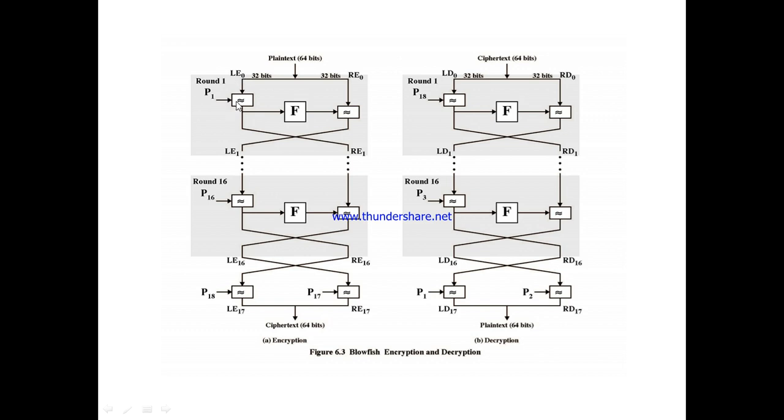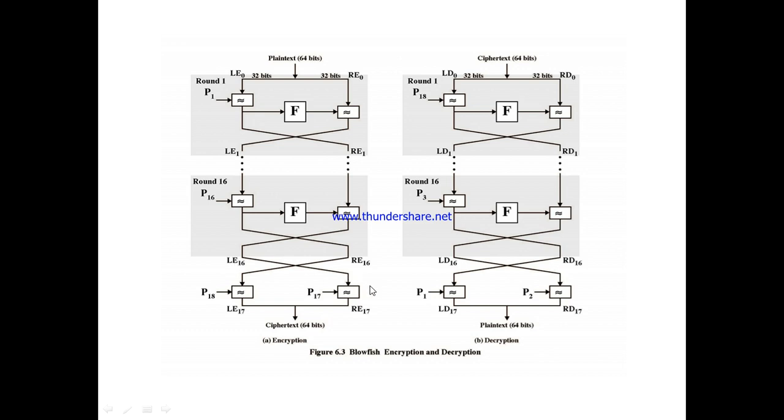The left half is XORed with P1, and that resultant is given to the function as well as being the right half of the next round. The right half is XORed with the output of the function, and that resultant is the left half of the next round. This continues until 16 rounds.